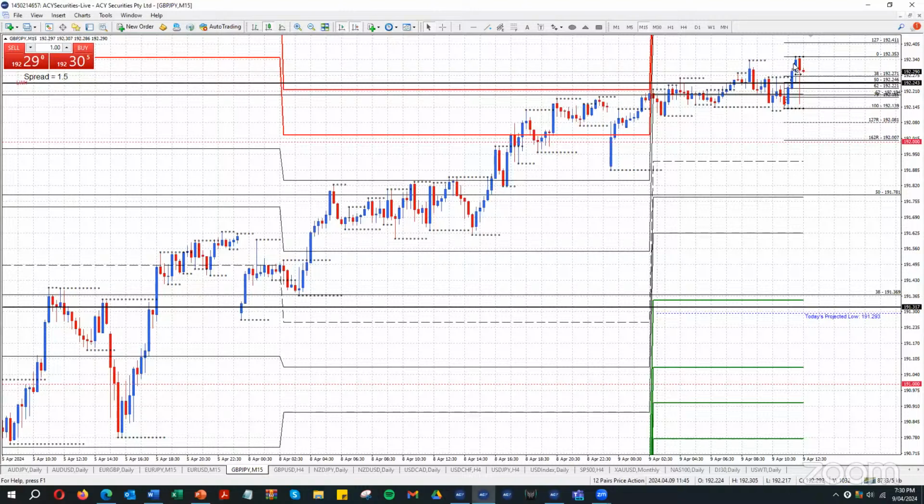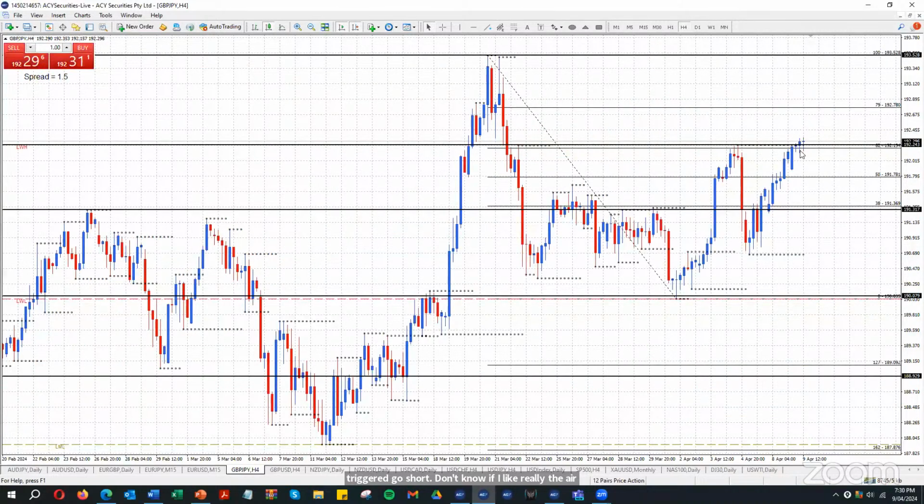All right, so personally at the moment, I'm not seeing a trigger to go short. I don't know if I really like the area on the 4-hour chart to go long, because even if the trend is up, I should have been getting long down here. This is in the latter end of the move. If big swings are like so, we're in the latter end of this move at the moment.